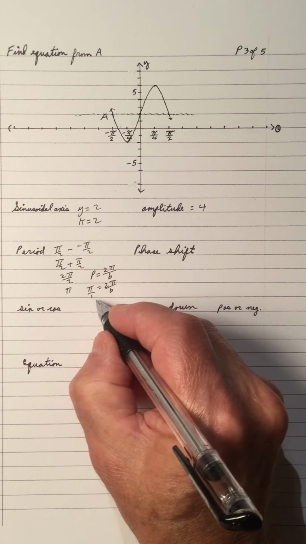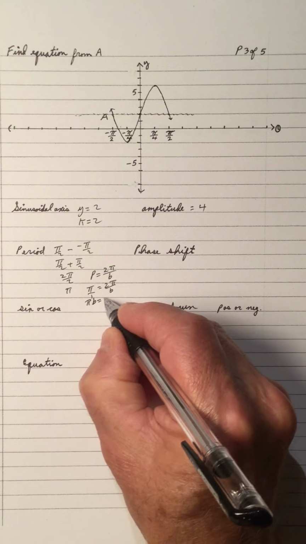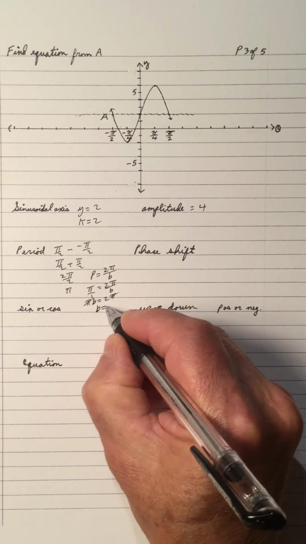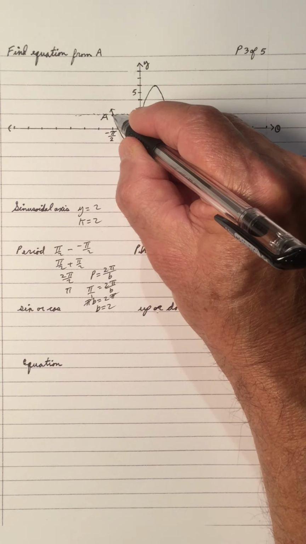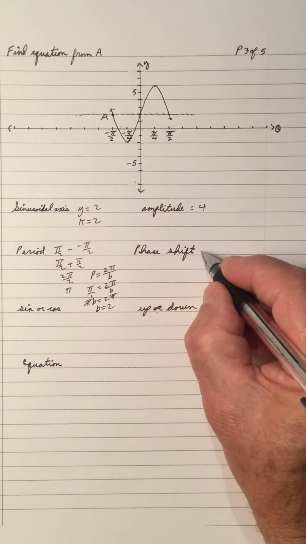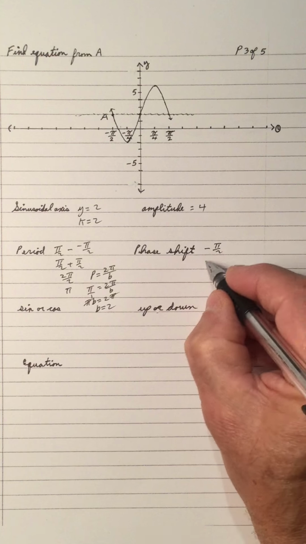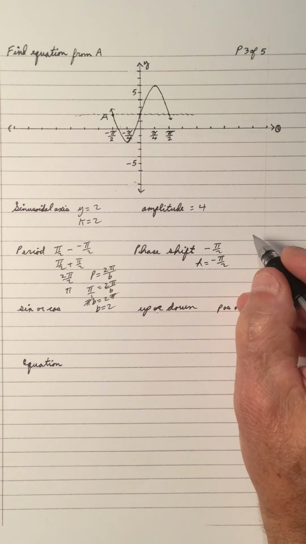Cross multiply, we get pi b equals 2 pi. The pi's cancel, so b is 2. And going from A, again we're on the sinusoidal axis, the phase shift is negative pi over 2. So H is negative pi over 2.